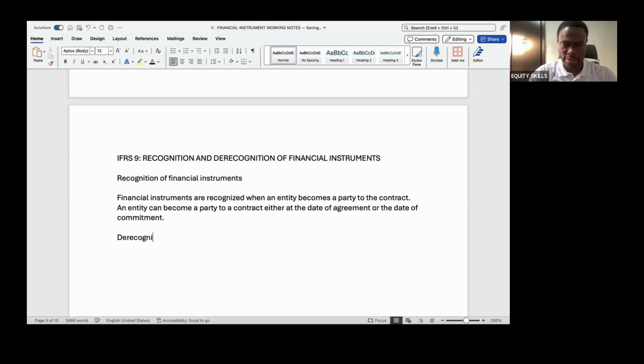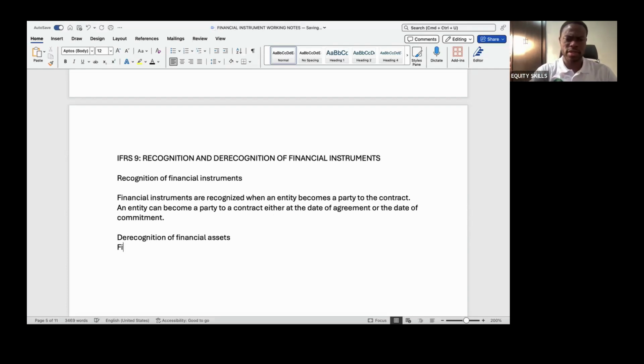The second one here is the derecognition of financial assets. And when we say derecognition, it's like the opposite of recognition, and it's simply the removal of a financial asset from the books.